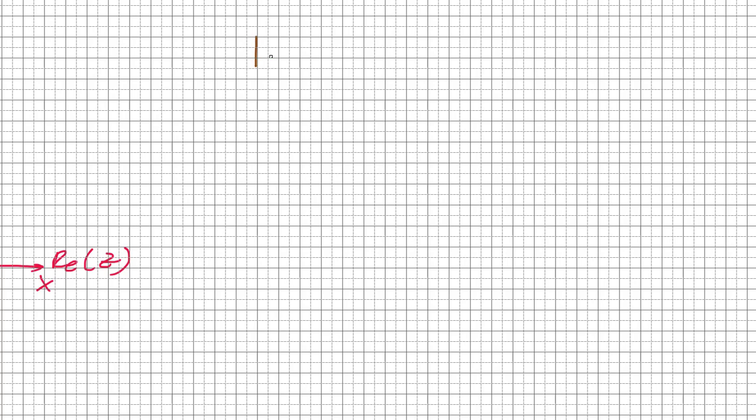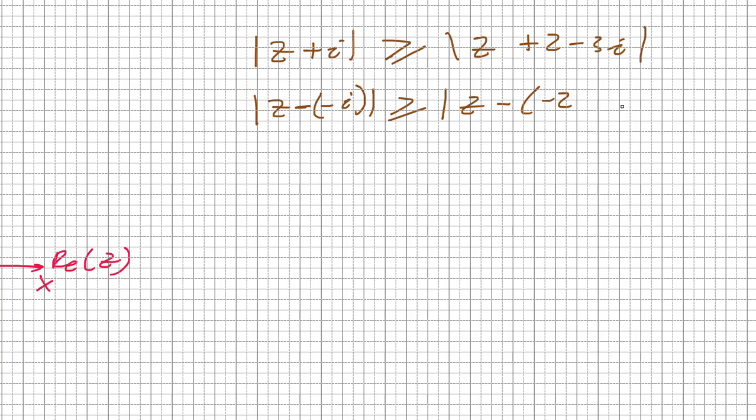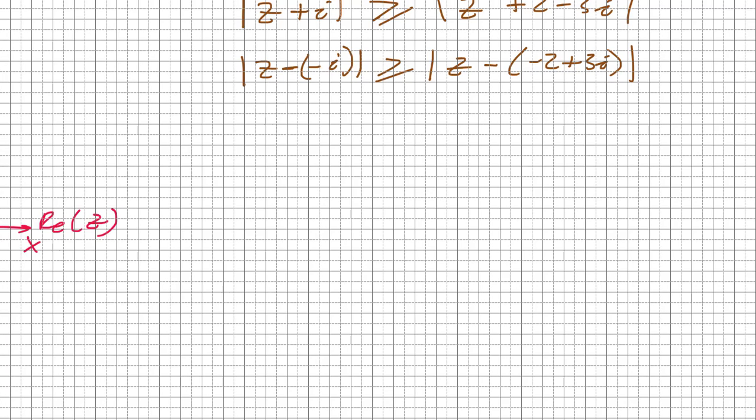in this case we're going to have the modulus of z plus i greater than or equal to the modulus of z plus 2 minus 3i. So let's first write this as z minus z1, so we have z minus negative i greater than or equal to z minus (negative 2 plus 3i). Now we're in terms of z minus z1 and z minus z2. So now let's put on our axes.